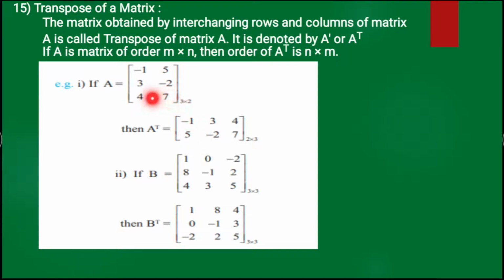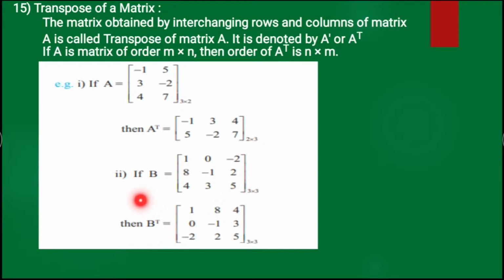Elements of second row are 3, minus 2. We write in second column: 3, minus 2. And elements of third row 4, 7, we write in third column: 4, 7. So in this way we obtain the transpose of matrix A. Here the given matrix is of order 3 by 2. After transpose we get A transpose which is of order 2 by 3.